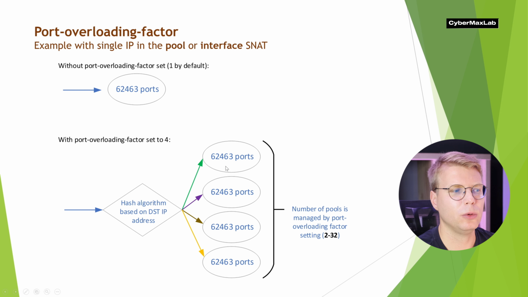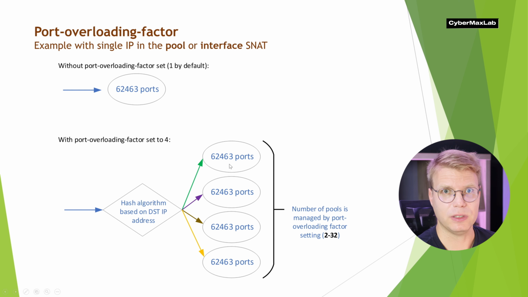And then there is also an additional step in the process, doing a certain hash operation on the destination address and selecting which pool this specific session will be using a port from. Basically, it gives us the possibility to increase the potential pool size without increasing the IP addresses in the pool itself.